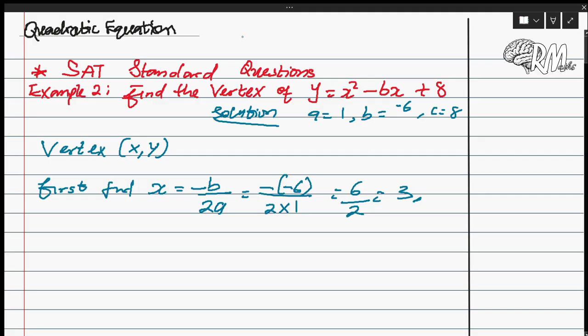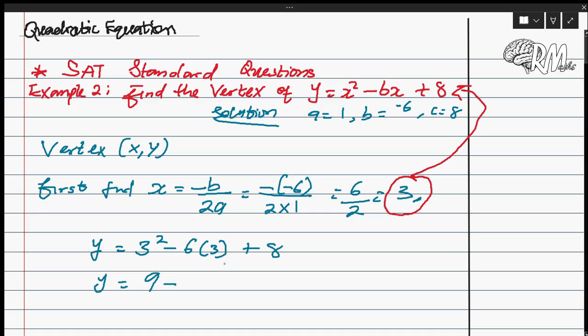And for me to do that, I will just have to substitute this x, which is 3, into the equation. I'll have y equals 3 squared minus 6 bracket 3 plus 8. So y equals 3 squared is 9 minus 6 times 3 is 18, then plus 8.